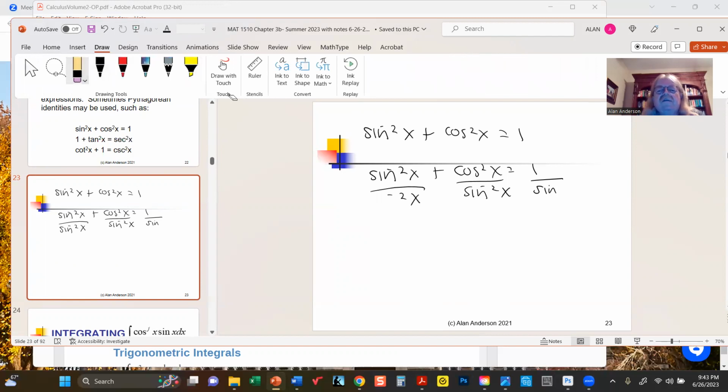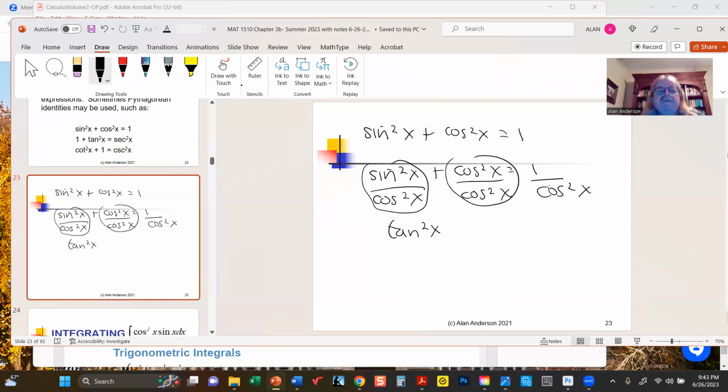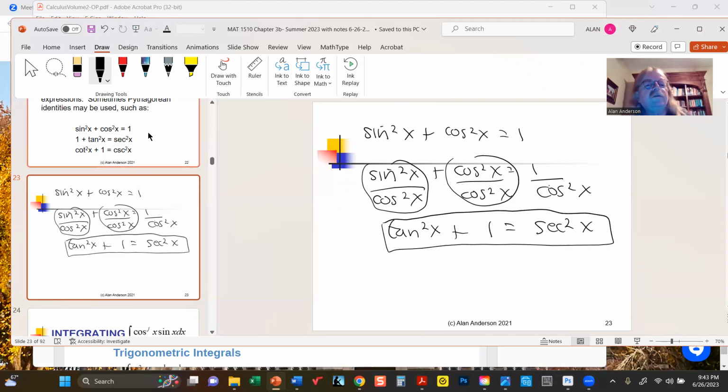Hold on one second. Okay, now this term is the tangent. This is just one. And as I mentioned a minute ago, cosine and secant are inverses of each other. So that's where this one comes from, the second one.